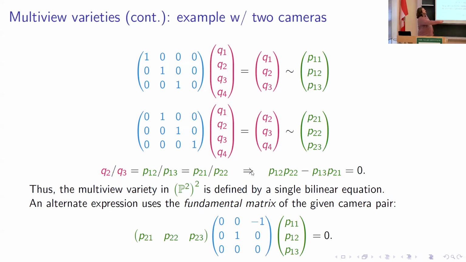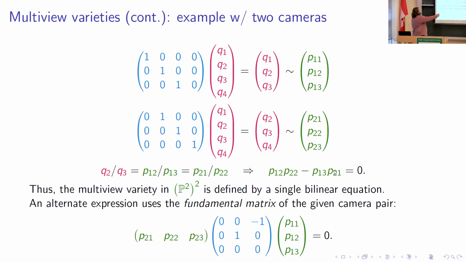And I want to know what constraints I get on these 2 projections up to scale. Well, the natural thing to look at is, here I've got a Q2 and a Q3 in the first projection, and Q2 and Q3 in the second projection. So let's look at the ratio of Q2 and Q3, since that will be independent of the scale. That can be expressed using the first point and the second point as a ratio of the coordinates. You clear denominators, you get a nice bilinear binomial equation.